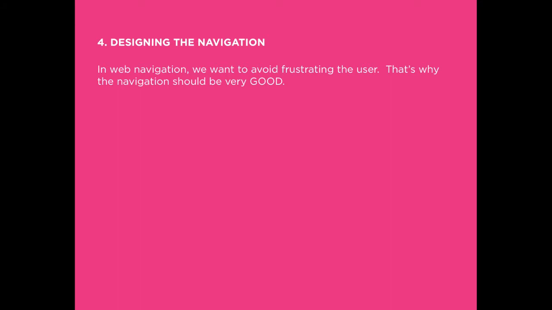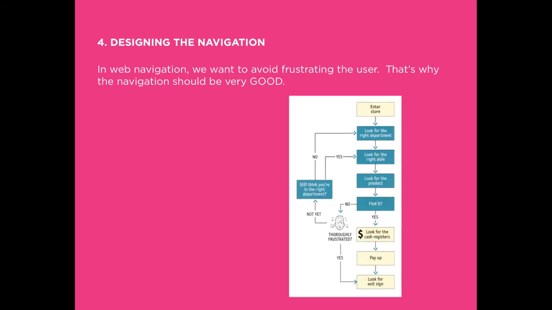Web navigation is very similar. So in web navigation, we want to avoid frustrating the user. That's why the navigation should be very good. If we look at this drawing again, what we want to avoid by all means is this step, the step where the user gets frustrated.